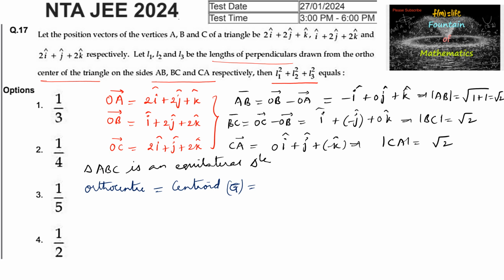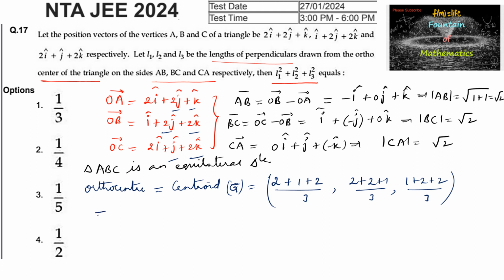So we can consider here the position vectors are given, so the points can be taken as 2 plus 1 plus 2 upon 3, comma y coordinate 2 plus 2 plus 1 upon 3, 1 plus 2 plus 2 upon 3, which is equal to 5 by 3, 5 by 3, 5 by 3.